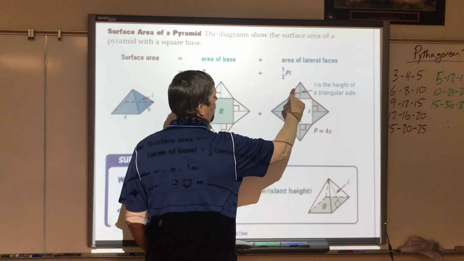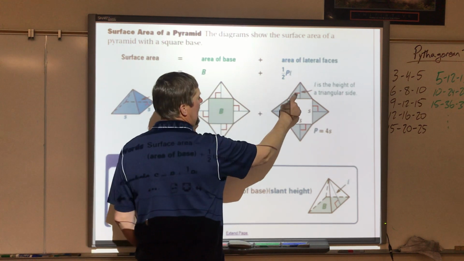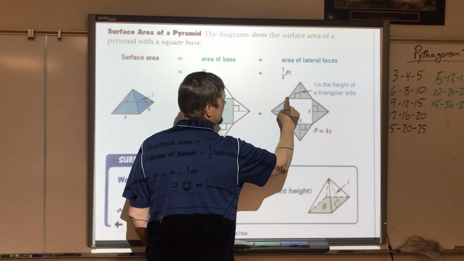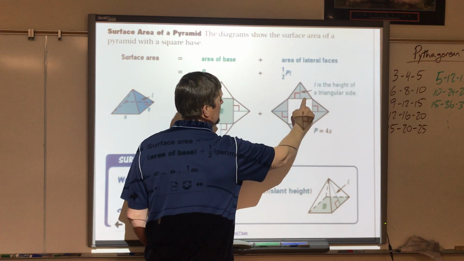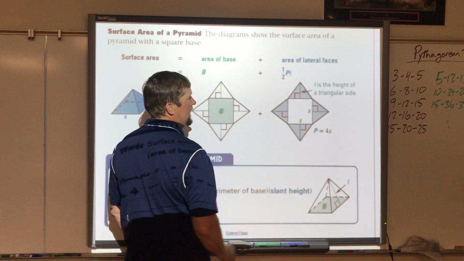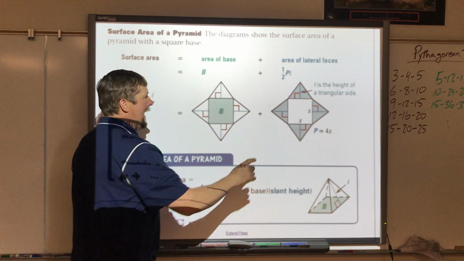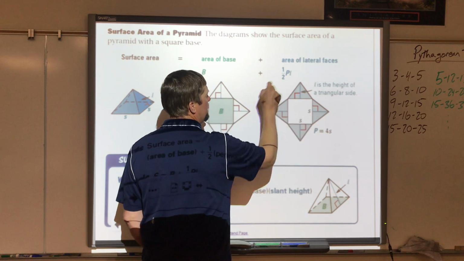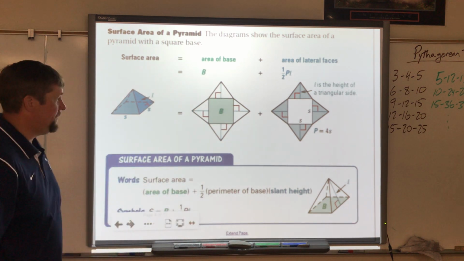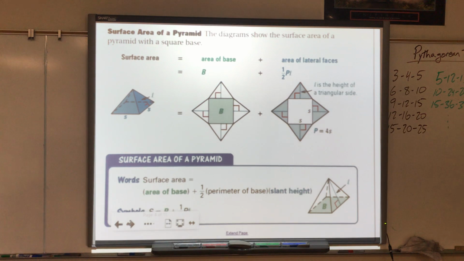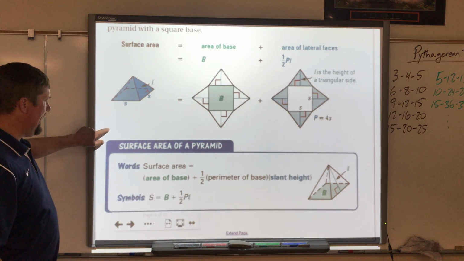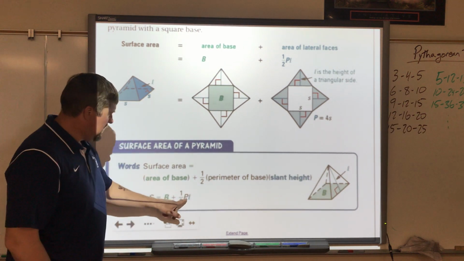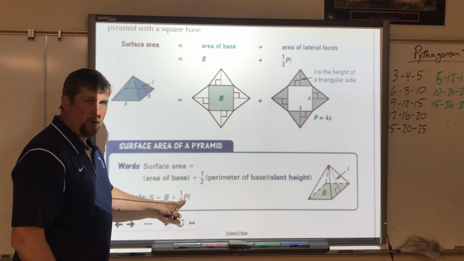And the area of one of these triangles is 1/2 the base of this, or one side of the triangle or rectangle, times the slant height. If you add up all the sides of the base, it's the perimeter of the base. So that's why they use the perimeter of the base as part of this formula.